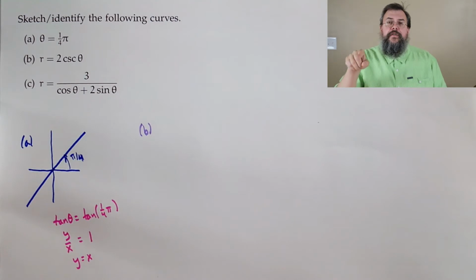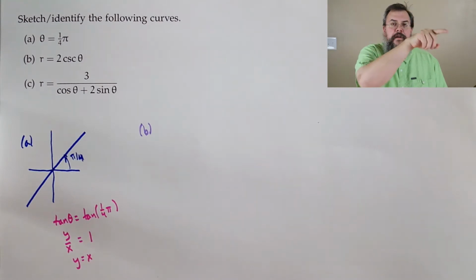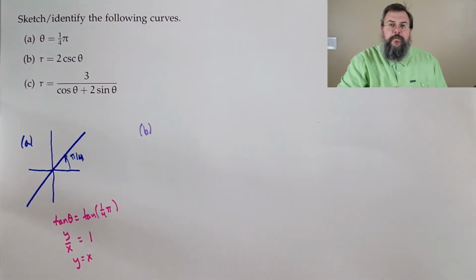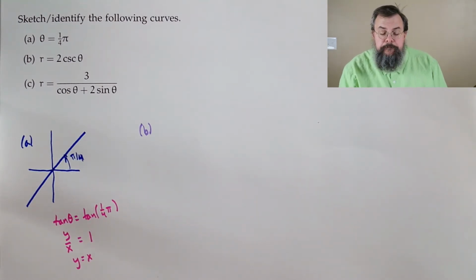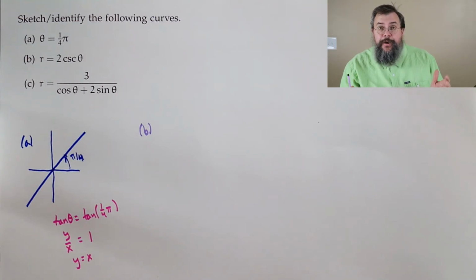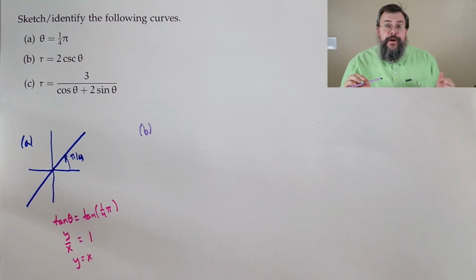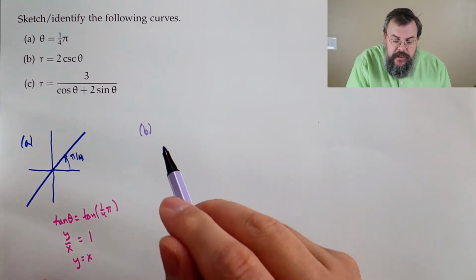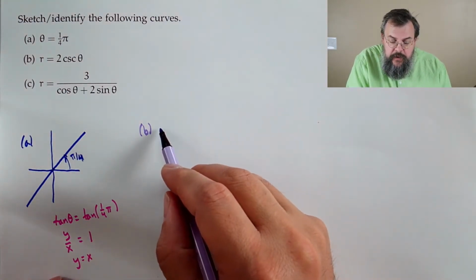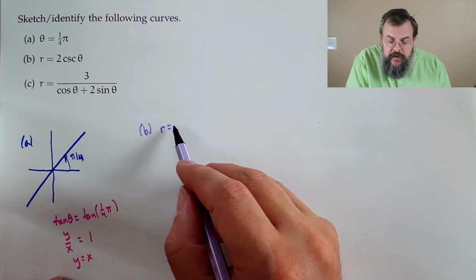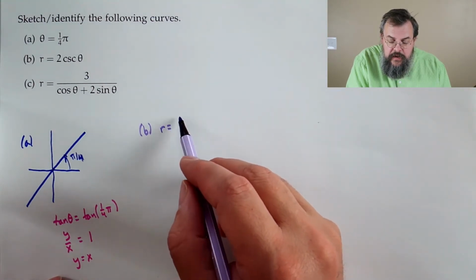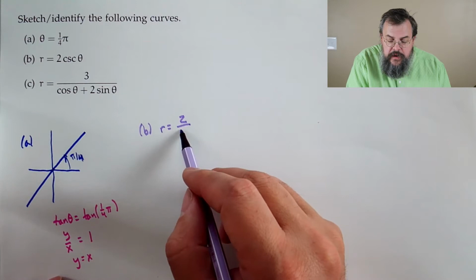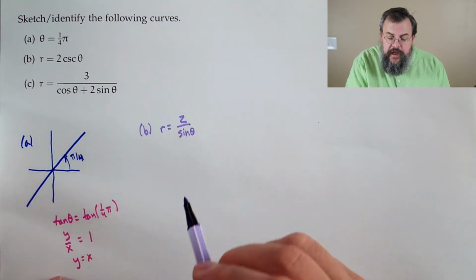If you just graph cosecant in Cartesian coordinates, it alternates between a U and an upside down U as you move from left to right. So how are we going to do it? Well, what is cosecant? Cosecant is the same as 1 over sine. So this is the same as r equals 2 over sine theta.